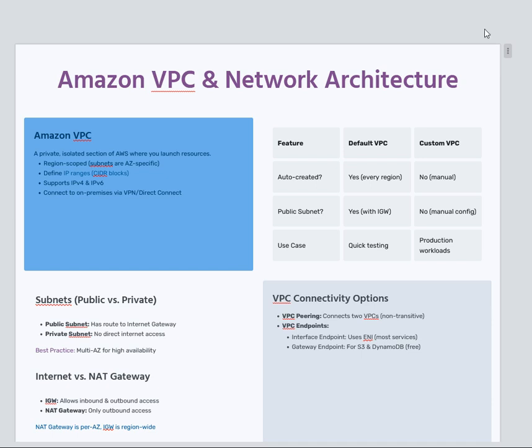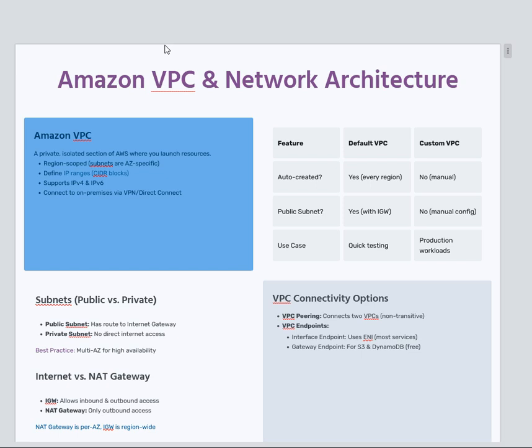This is a region scoped service, right? In a VPC, you've got subnets. The subnets are availability zone specific. That means subnets are in data centers in the region, right?